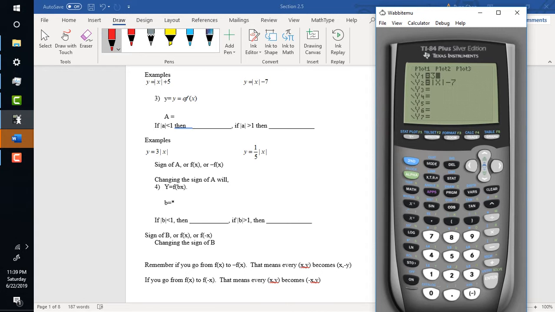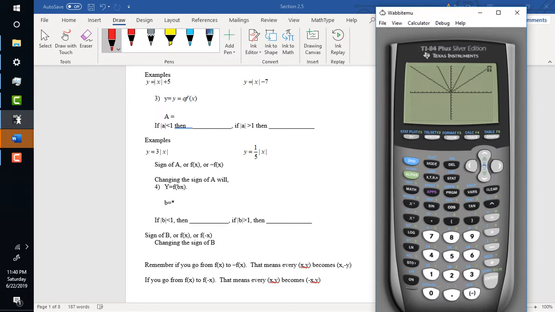So I have 3 times the absolute value of x. Notice that everything's getting multiplied by 3. So it's going up, it's become very narrow. This is what we call a vertical stretch.